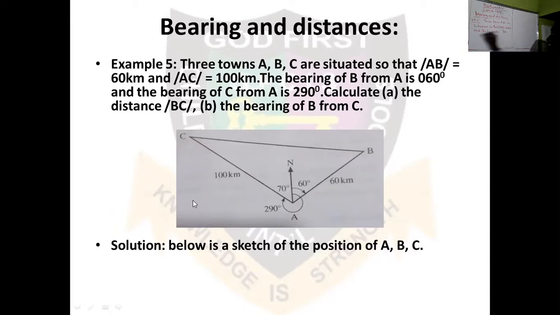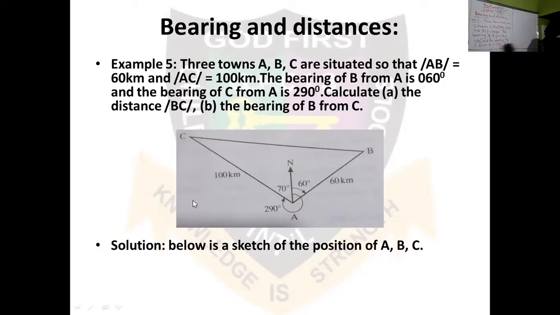The bearing of B from A is 060 degrees, and the bearing of C from A is 290 degrees.